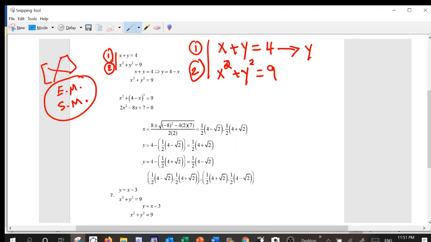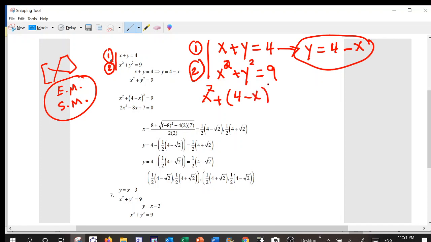So solving for y would be 4 minus x, and then we're going to use it to replace y here. You're going to get x squared plus (4 minus x) squared equals 9.